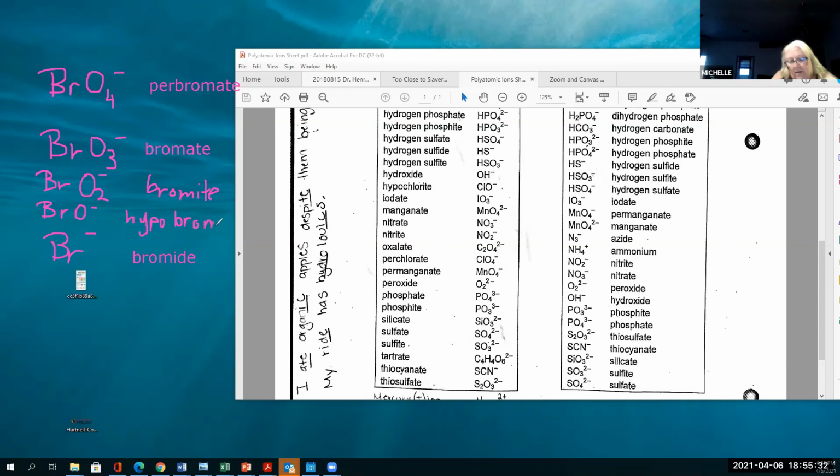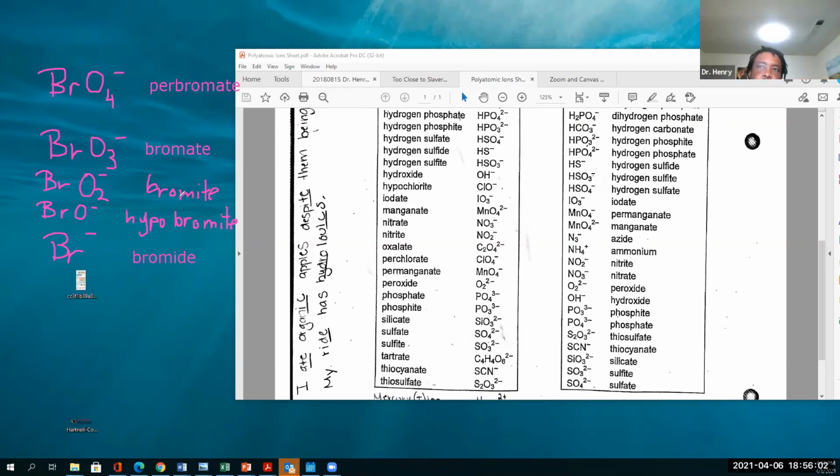Okay, but is this the only one that's like that? Nope, because we have nitrate. Nitrate really screws everything up because it doesn't even have a -3 charge, which you'd assume it would. It has a -1 charge. Bromate, chlorate, phosphate, all of these start off at -ate with three. So from the highest to the lowest, it goes per-ate, -ate, -ite, hypo-ite, and then -ide.